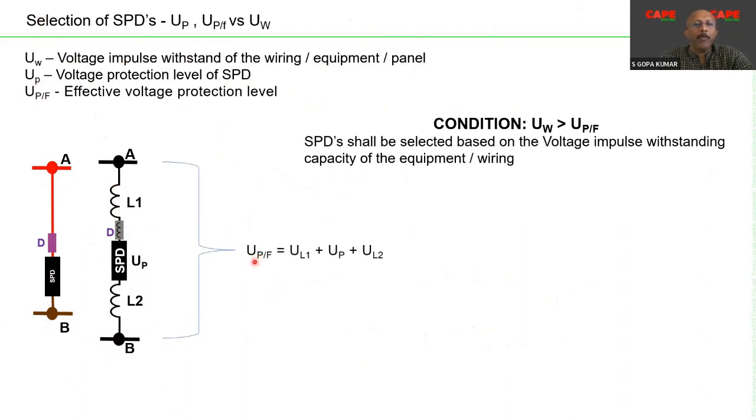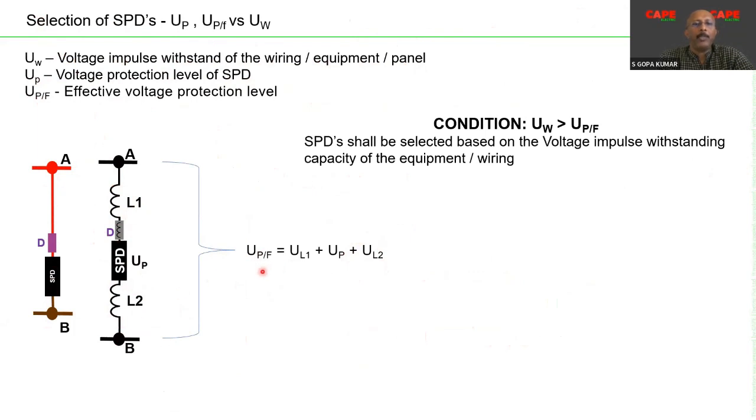And this effective protection level is a sum of the voltage drop at the line L1 between the point A and the SPD, plus the voltage protection level of the SPD, plus the voltage drop at the line L2.